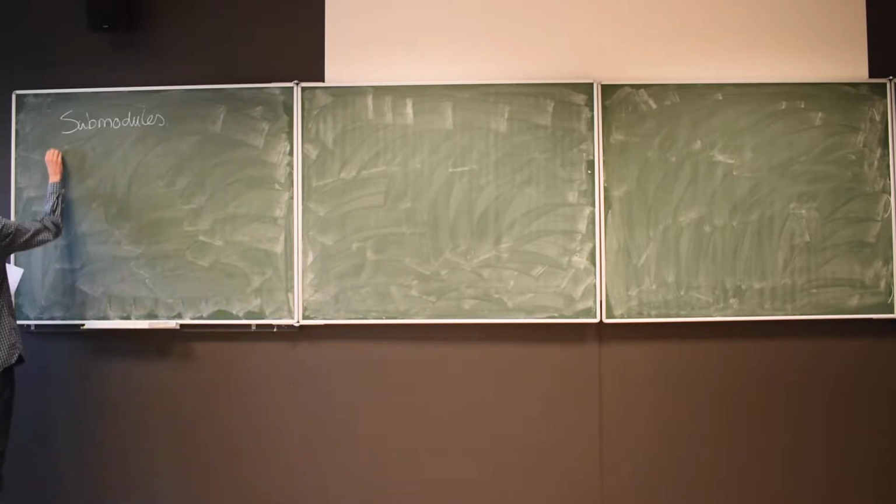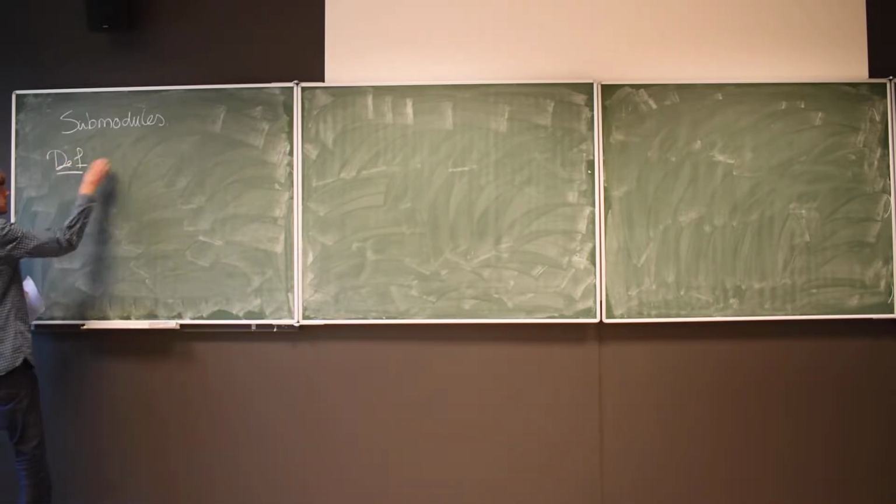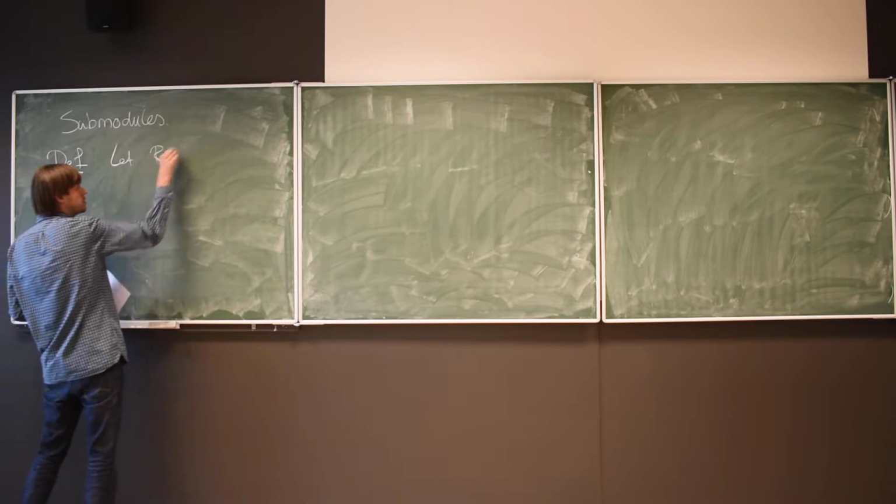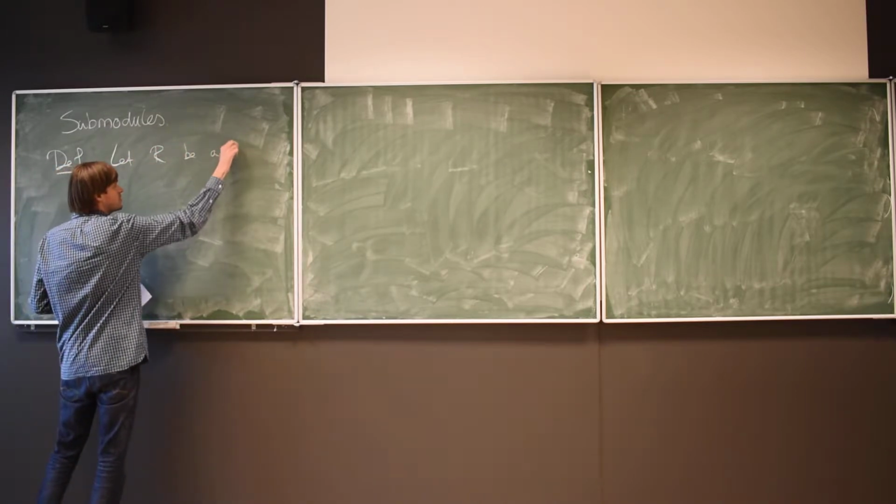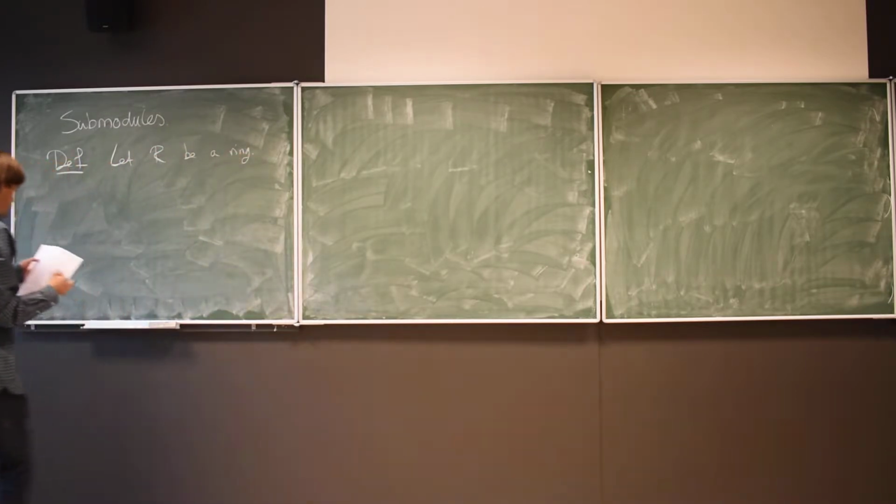So definition, let R be a ring, or like Bas says, let R be an object in the category of rings.